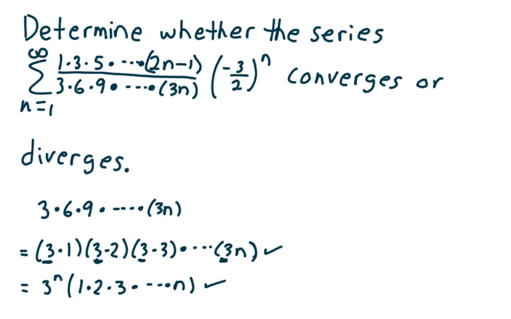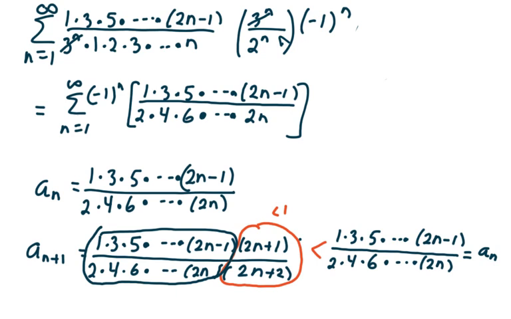Okay. So this series can be rewritten as follows. This is the summation from n equal 1 to infinity of 1 times 3 times 5 all the way through until 2n minus 1 divided by 3 to the n times 1 times 2 times 3 all the way through until n, times the quantity 3 to the n over 2 to the n times negative 1 to the n.